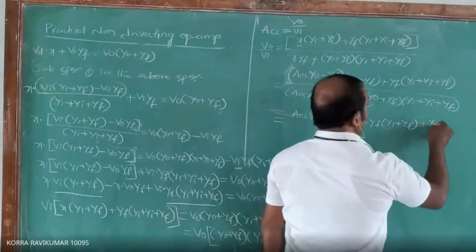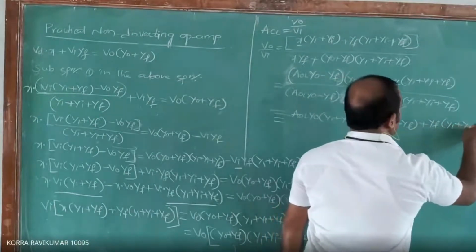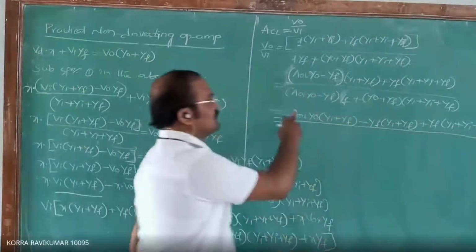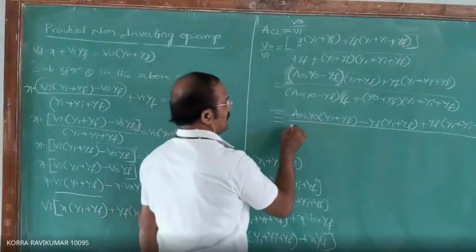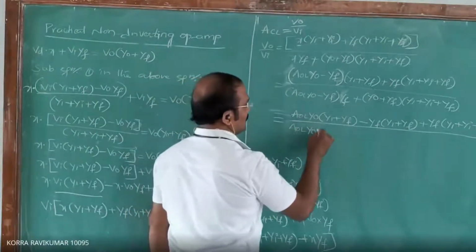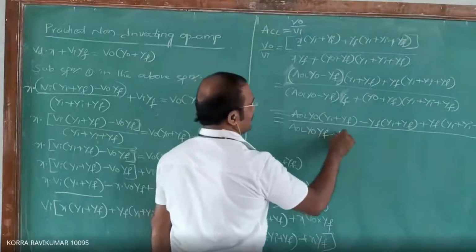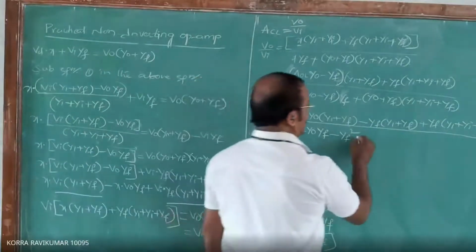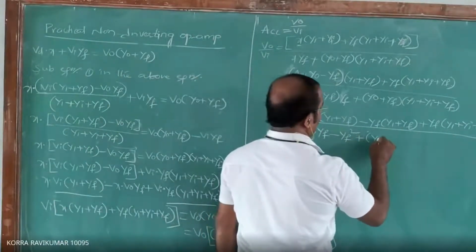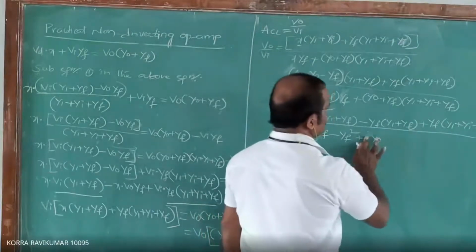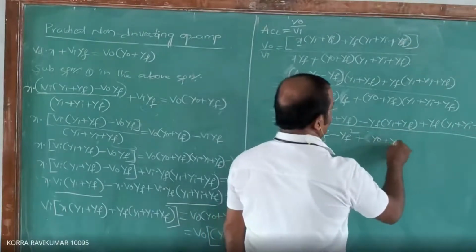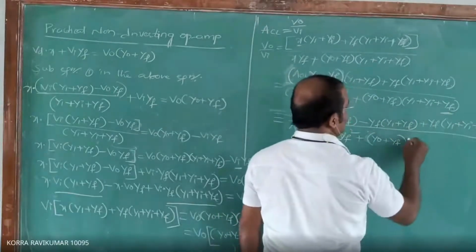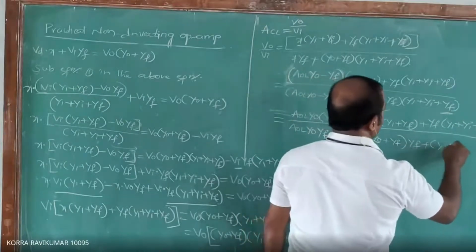Plus YF into (Y1 plus YI plus YF), whole divided by the denominator, that is AOL into Y0 into YF minus YF square, YF into YF, plus (Y0 plus YF) into (YF plus Y1 plus YI).